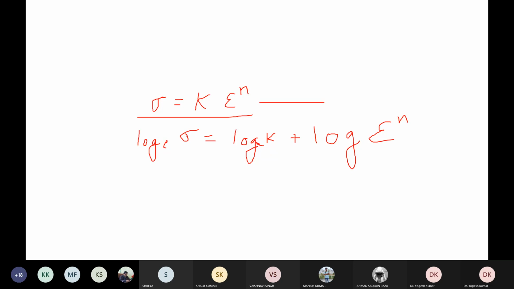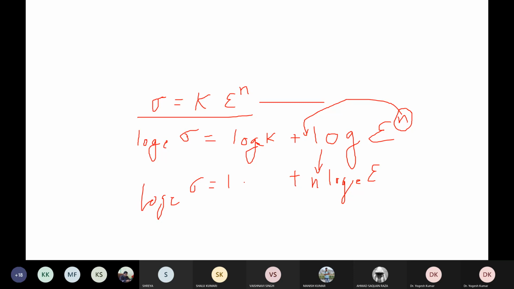I hope everybody is aware of how to take natural logs. Since this is the exponent, it will come down front. From the mathematical properties, we are aware that this term can be replaced as n multiplied by natural log of epsilon. So log e sigma equal to log k plus n log epsilon.